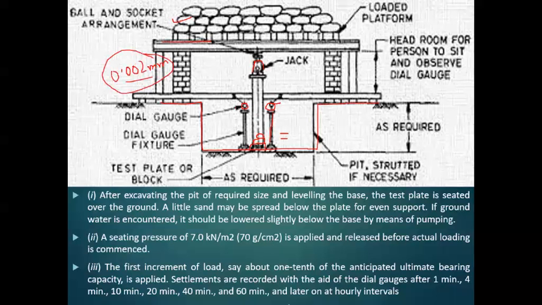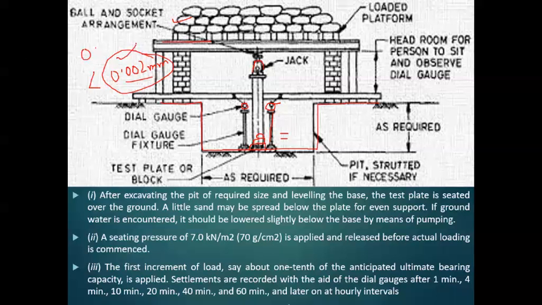If the settlement in any case is less than 0.002 mm, these dial gauges are unable to record that. So the least count of the dial gauges is selected in such a way that they can measure at least a settlement of this magnitude, 0.002 mm.